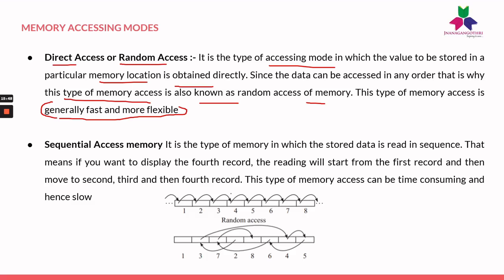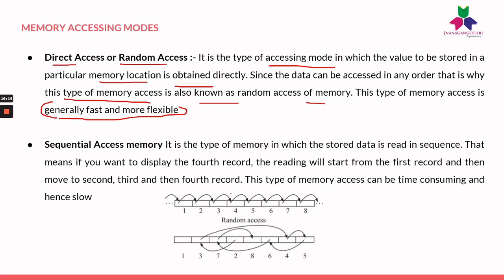Instead, we can directly access 3. Suppose we need to access 8, from 3 we can directly access 8. We need not go through 4, 5, 6, 7 to reach 8. So this is what direct access or random access means: directly accessing a particular storage location without having to go through the rest of the locations in order to reach it.